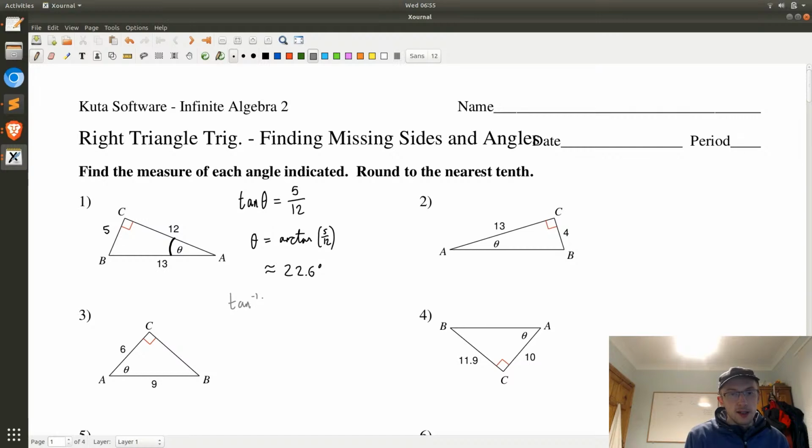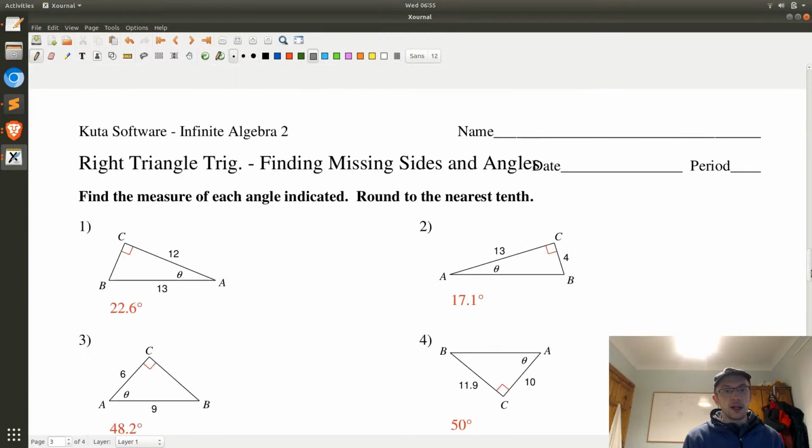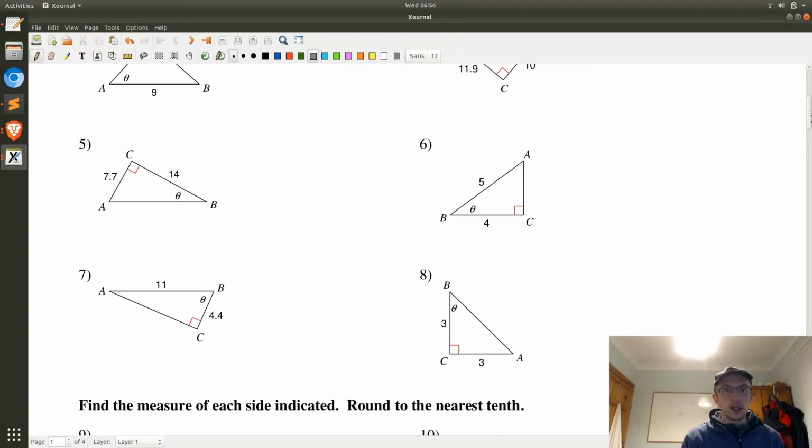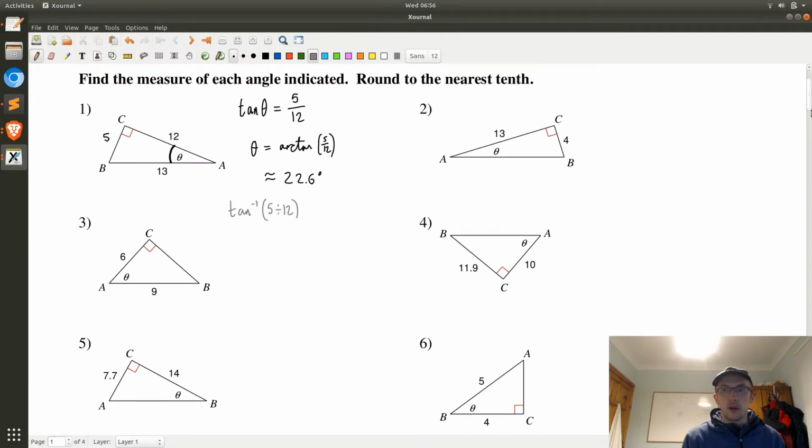Tan, little tiny -1, 5 divided by 12, close brackets, hit enter, and you'll get 22.6 on your display to the nearest 10th. Let's make sure that's right, and it is. Wonderful. Let's move on.